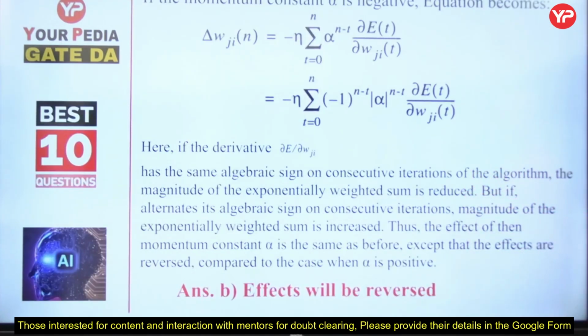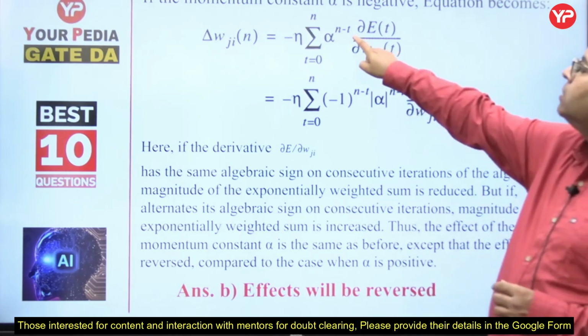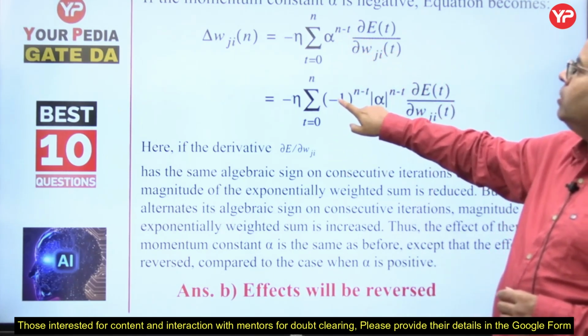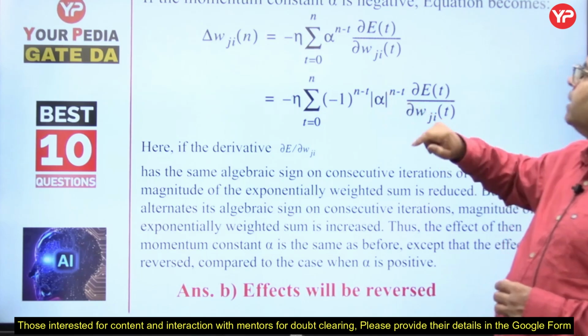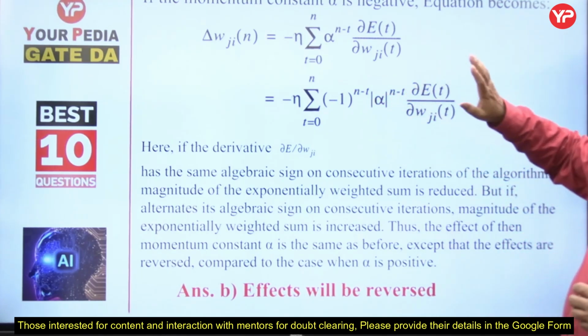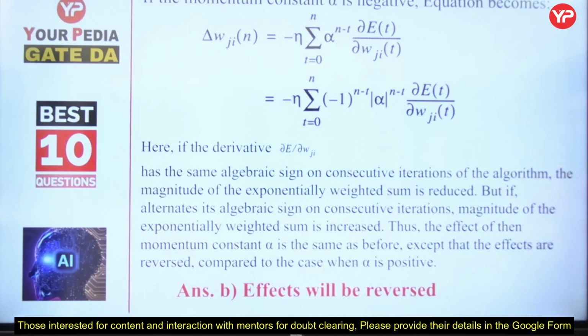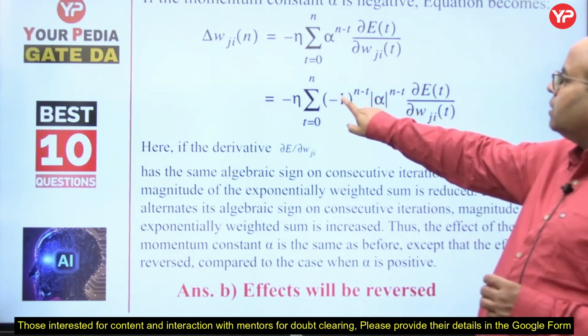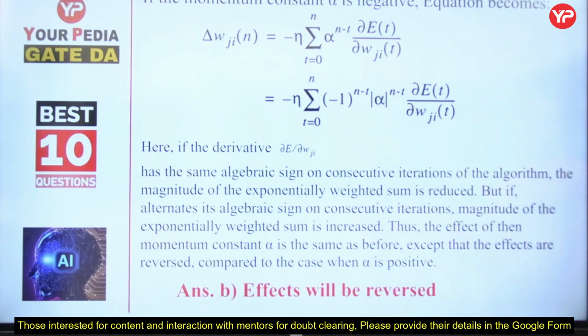Now what happens if the momentum constant alpha is negative? Naturally, minus 1 to the power n minus t has been taken because it's negative, and alpha to the power n minus t remains the same. Now this factor is important, this minus 1 to the power n minus t. What will it do? It will start its value oscillating.